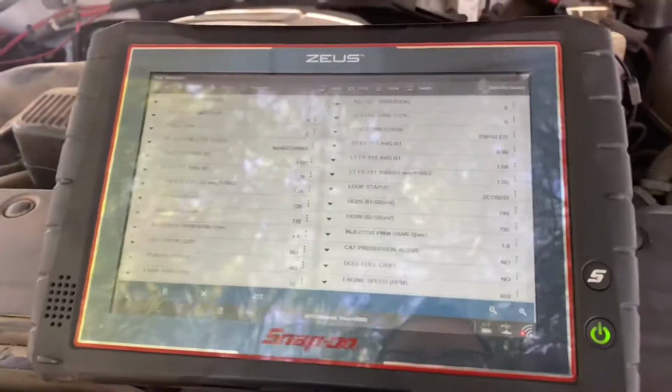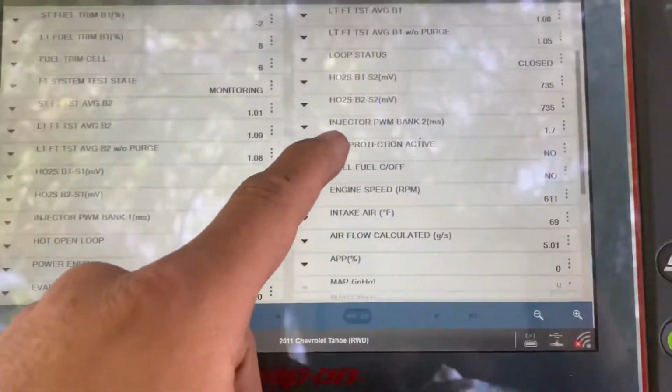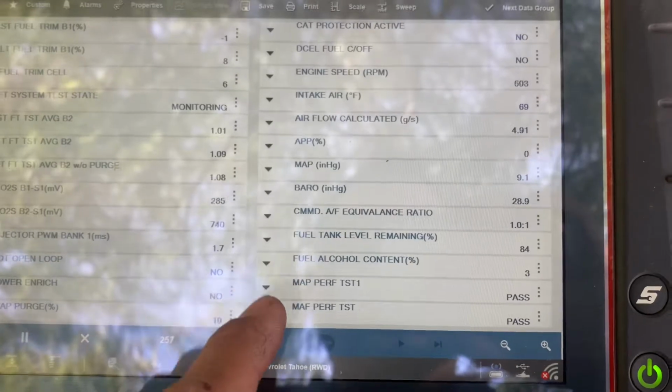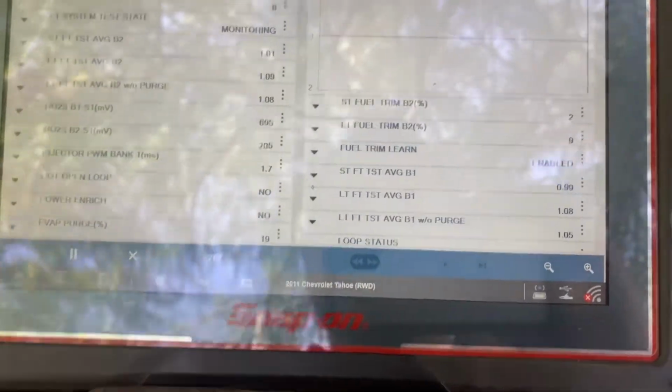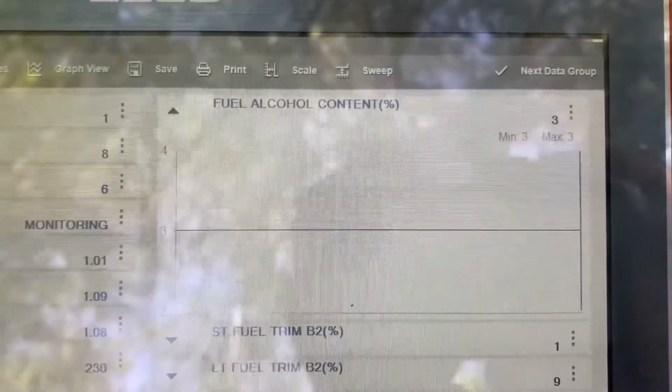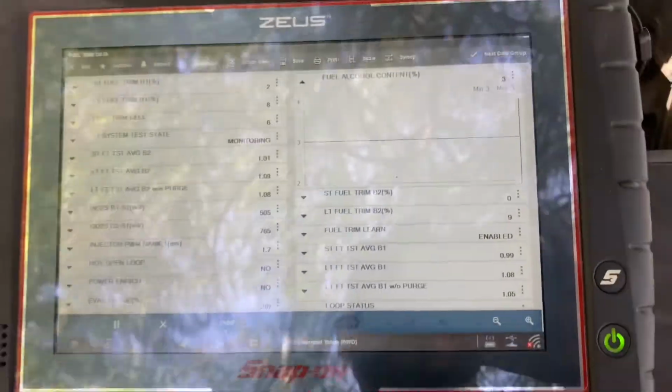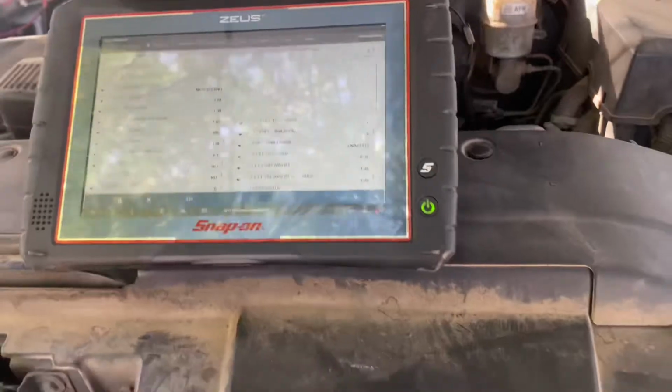So what I did look at, and a lot of people miss this, is your fuel alcohol content. Right now it's at 3%, but when I got the truck it was at 78%.